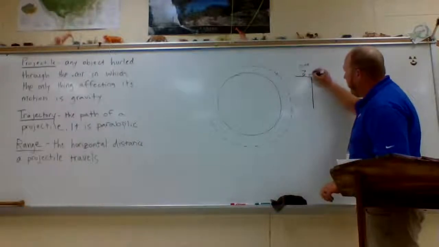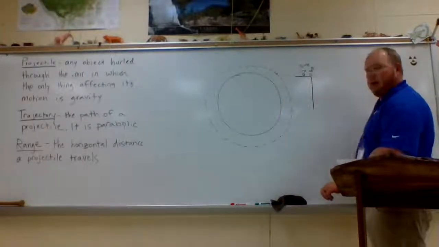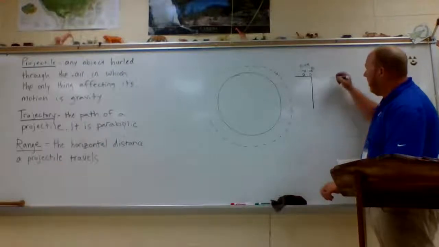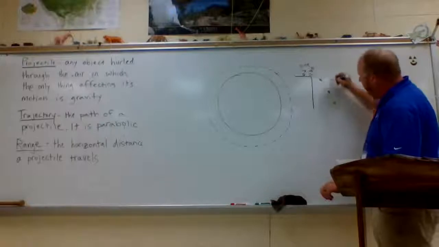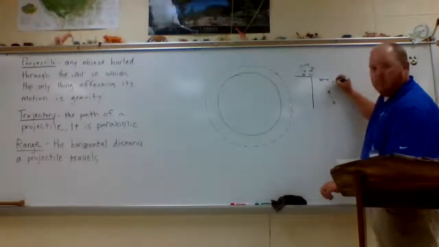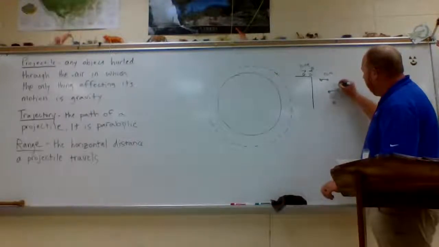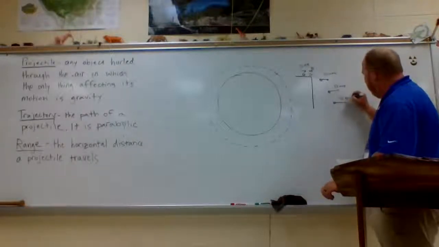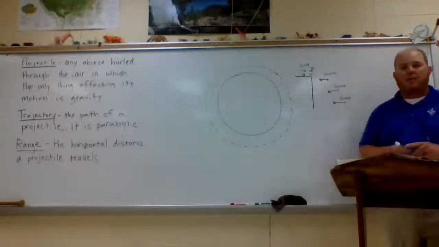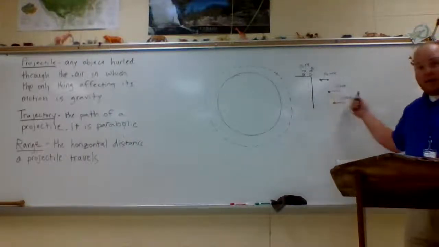If it's 50 miles per hour here and it's 50 miles per hour here, then once it becomes a projectile and it has a parabolic path, then if you were to measure the velocity at any point along this line in this direction, you would get 50 miles per hour, right up until the point where it hits the ground. Okay? Because it does not accelerate in that direction.